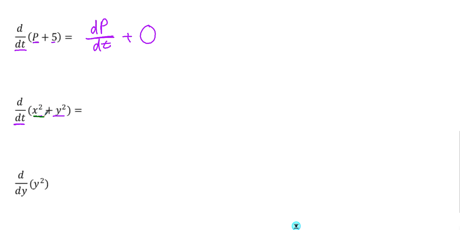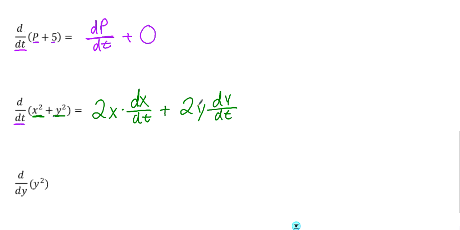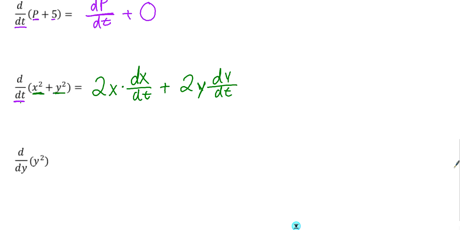When we take the derivative of x squared plus y squared with respect to t, we're going to get 2x times dx over dt plus the derivative of y squared with respect to t, which is 2y dy over dt. So sometimes one of my variables doesn't match. Sometimes both of my variables have to be done implicitly. Okay? And then our last basic example is now I'm taking the derivative of y squared with respect to y.